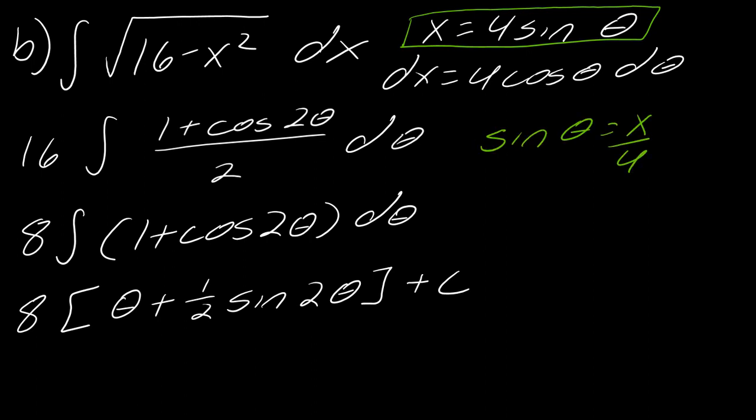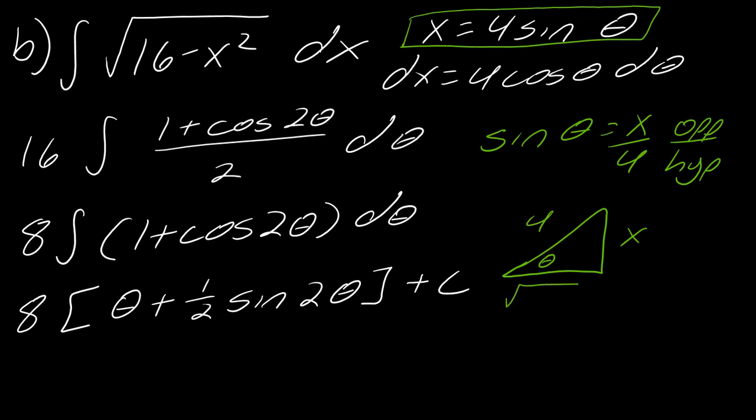So if you think about your SOHCAHTOA, this is going to be opposite over hypotenuse. Okay, so this is my opposite, this is my hypotenuse, and then this will be the square root of 4 minus x squared on this side. So now I can figure the rest of this out.